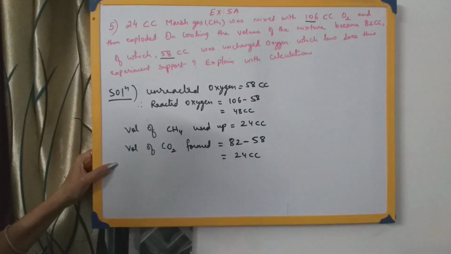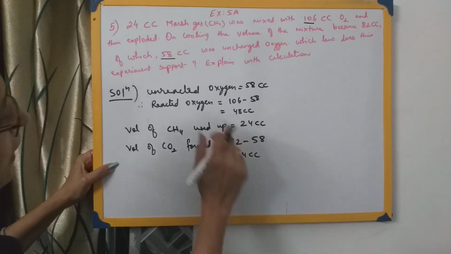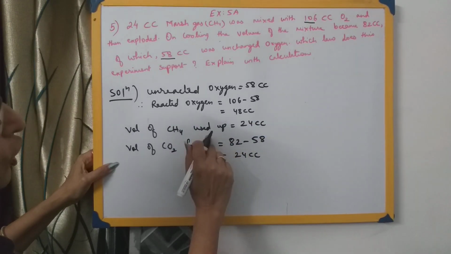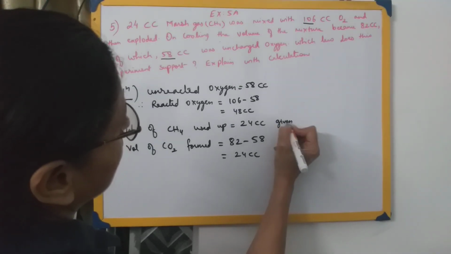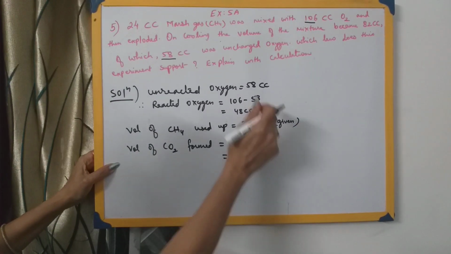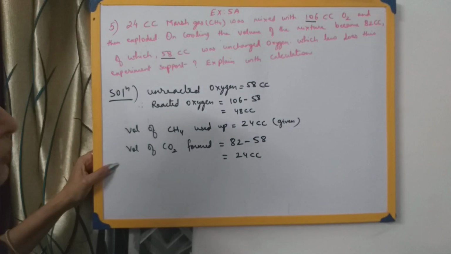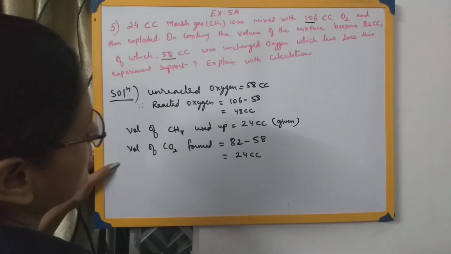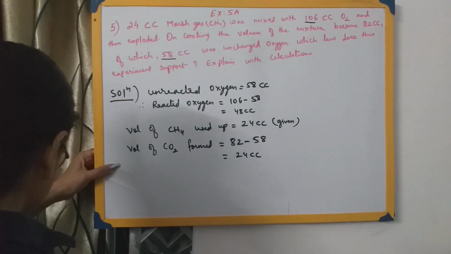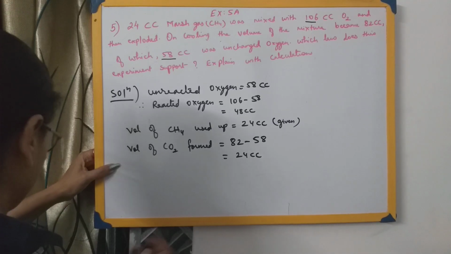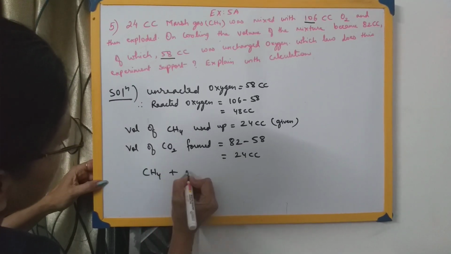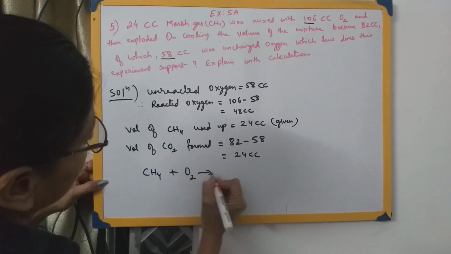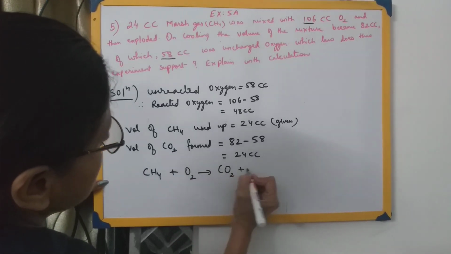So we got all the information now. We have found out reacted oxygen. We got the volume of marsh gas, which has already been given in the question, and the volume of carbon dioxide formed is 24 cc. So let us now write down the equation: methane, CH4, plus O2 forming carbon dioxide plus water.